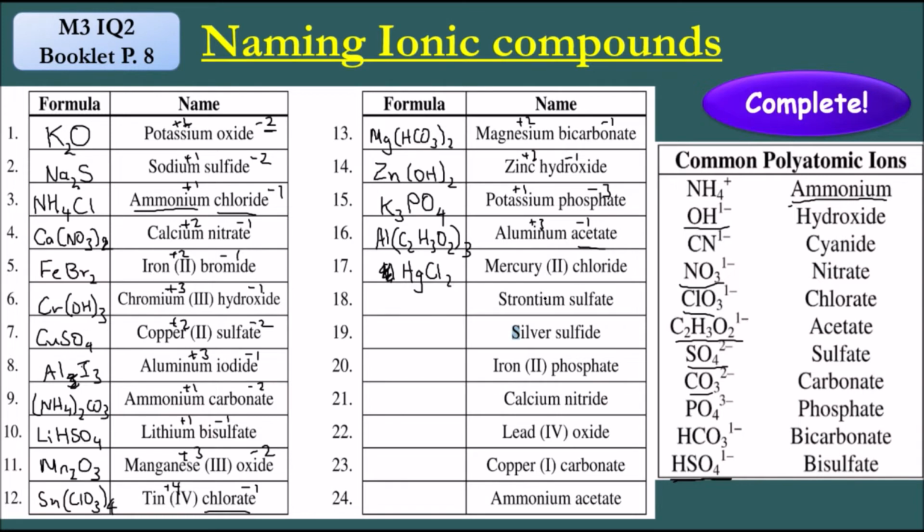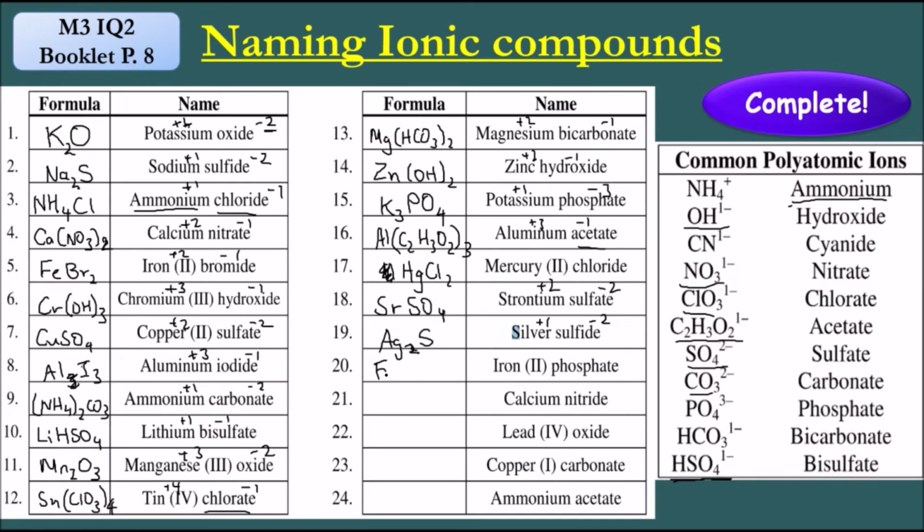Strontium is 2 plus, sulfate is 2 minus. Strontium is a transition metal; if it's not told, you assume it's 2. So SrSO4. Silver is +1, that's what we know, so it's Ag2.